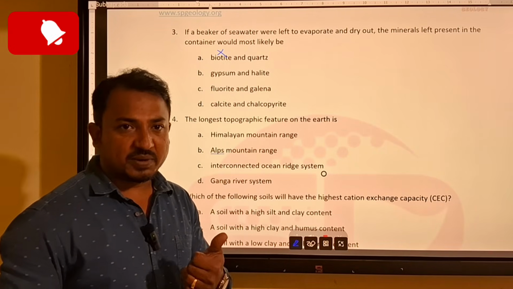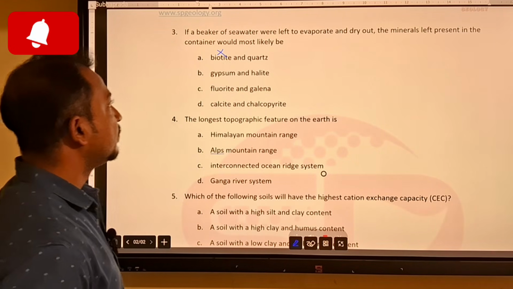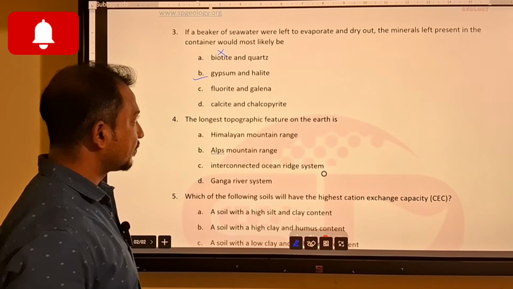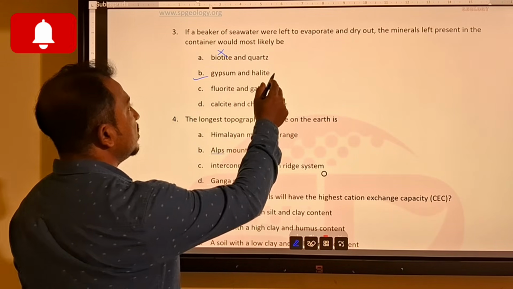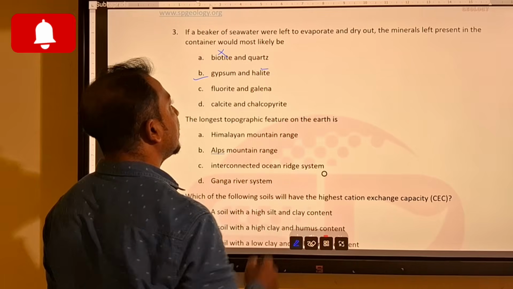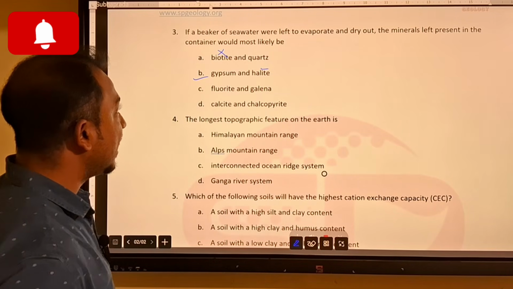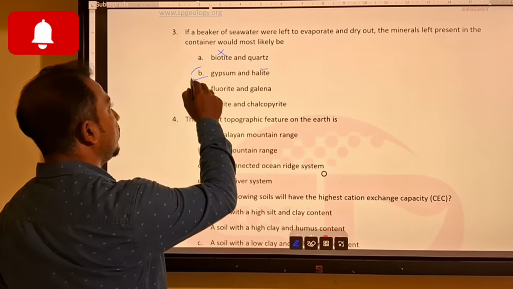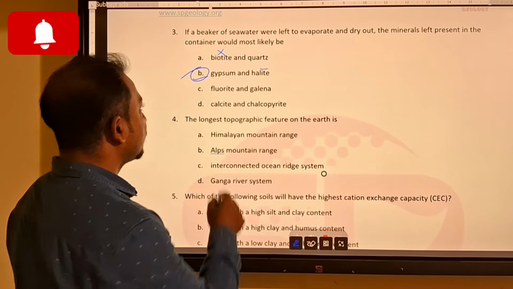Biotite is a metamorphic mineral produced by metamorphic processes. Then gypsum and halite: these are sulfate and chloride that can be produced by precipitation of seawater. So the answer will be gypsum and halite.